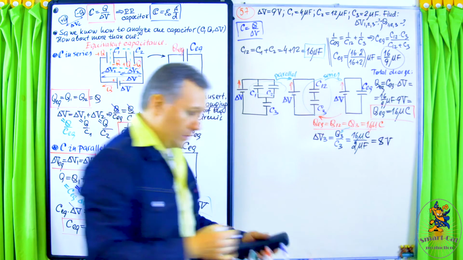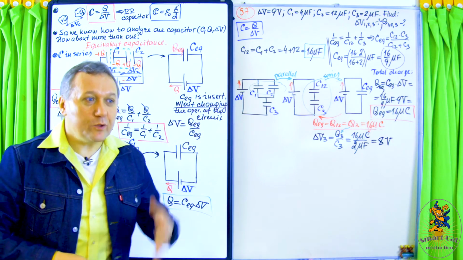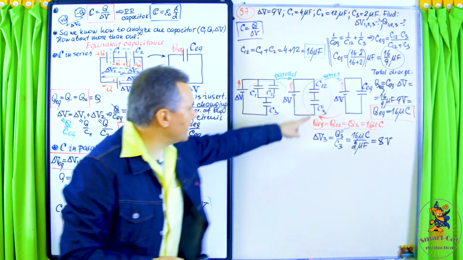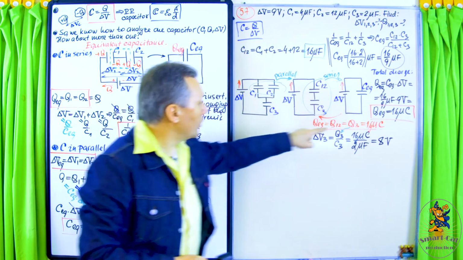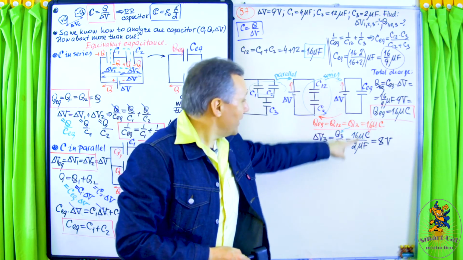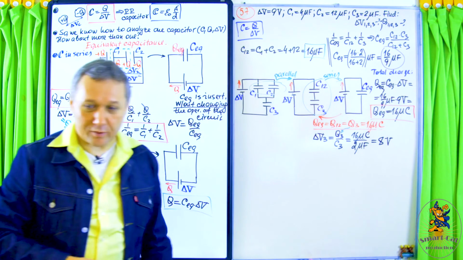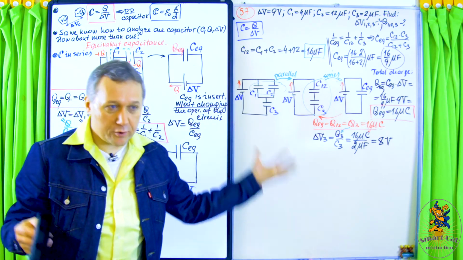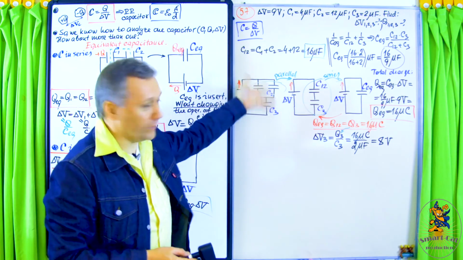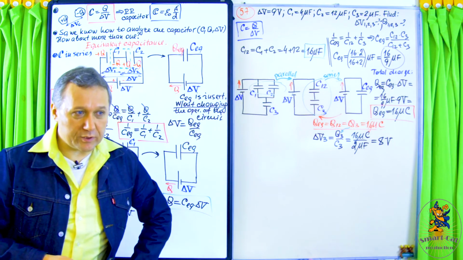So now we can say we know everything. We finished analyzing C3 because we know the charge and we know the potential difference across the third capacitor. Okay, we're done with the third capacitor. And of course, we still need to find the information about C1 and C2.